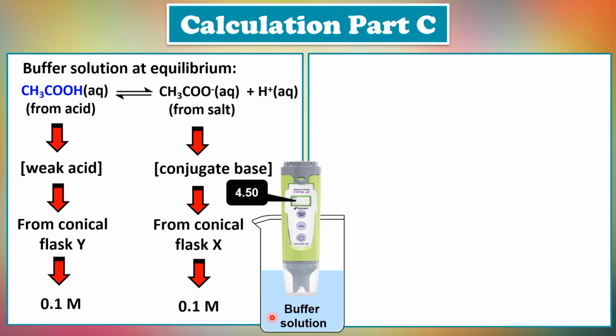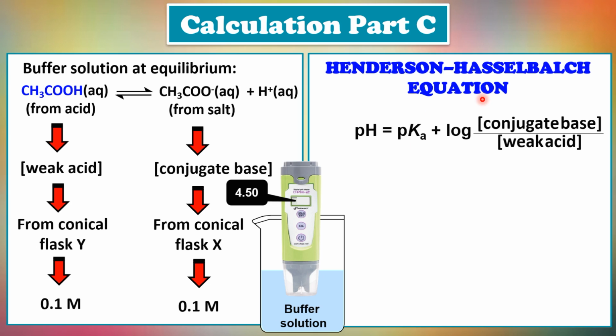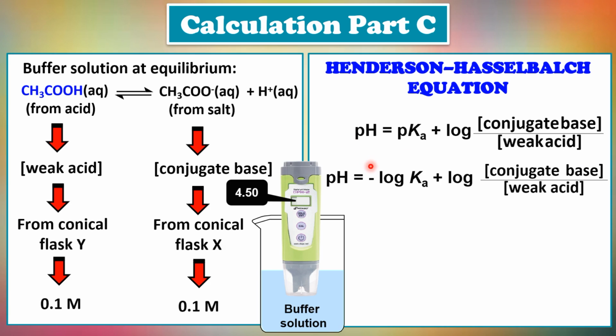Now we want to calculate the Ka value for acetic acid. So you have to use the Henderson-Hasselbalch equation. Here is the formula. Next, pKa: p stands for negative log, Ka. Next, substitute the values.